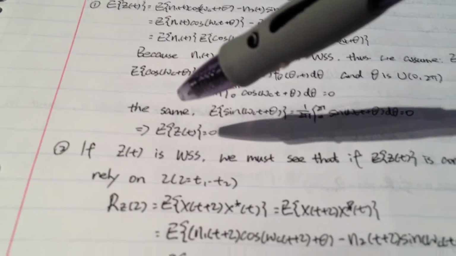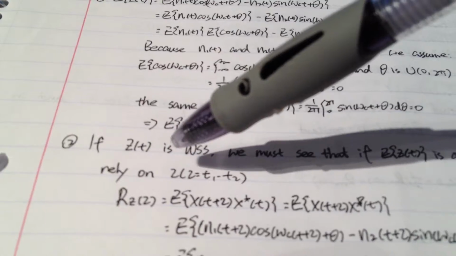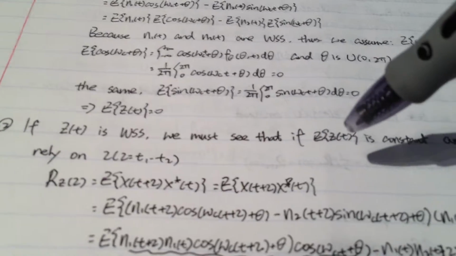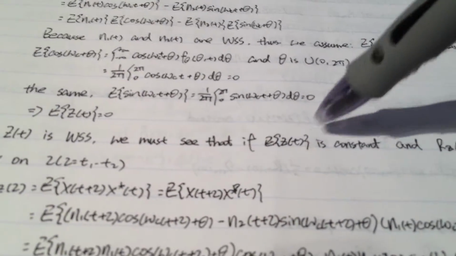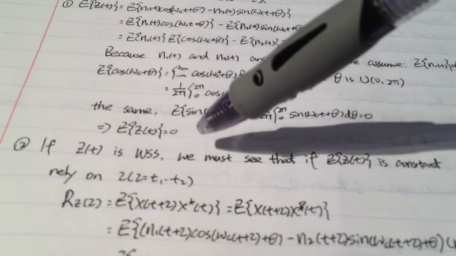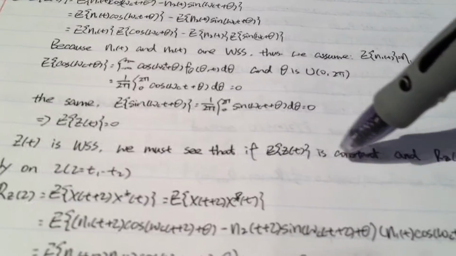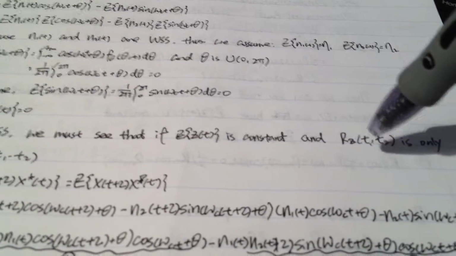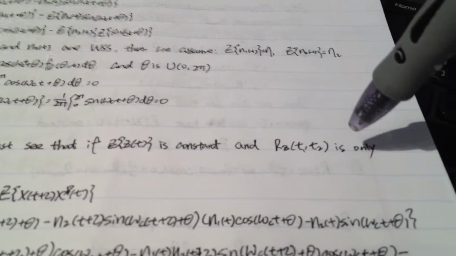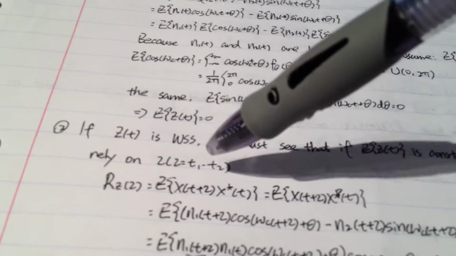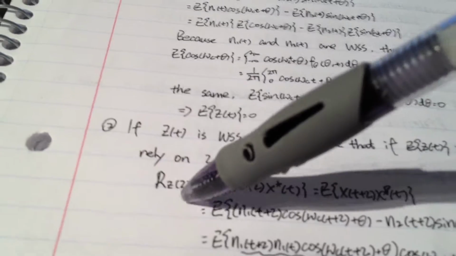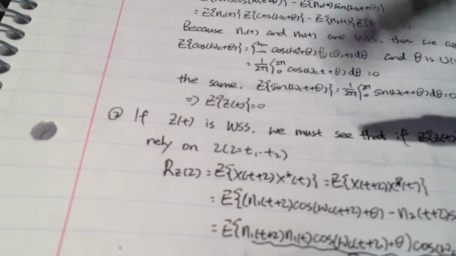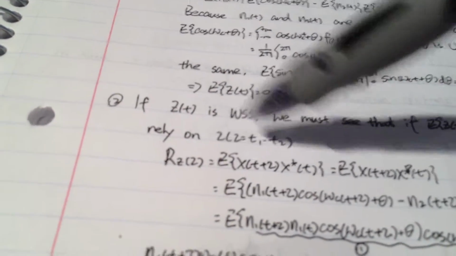And the second question: if zt is wide-sense stationary, it should satisfy two conditions. Condition 1 is that the mean of zt is a constant, which we know from the first question zt satisfies. And condition 2 is that the autocorrelation of z is only dependent on tau and has nothing to do with t, so we should see if the autocorrelation satisfies this condition.